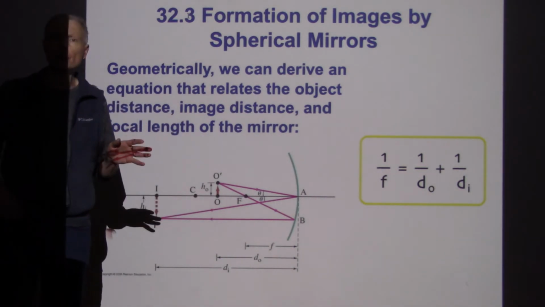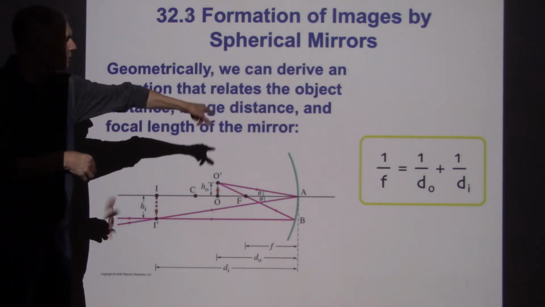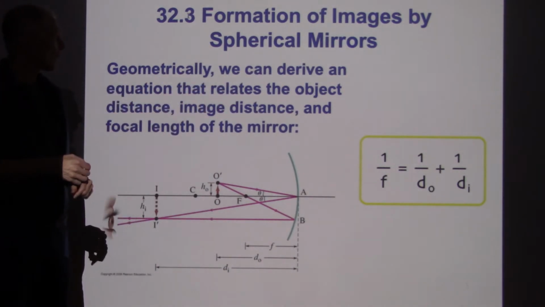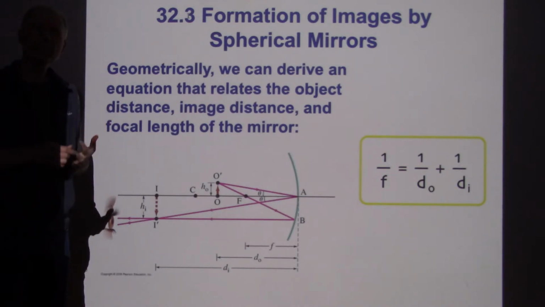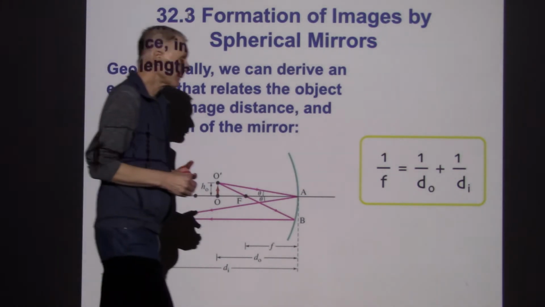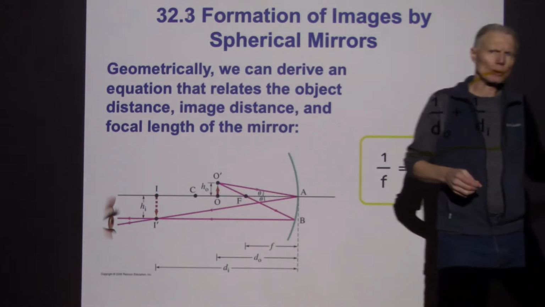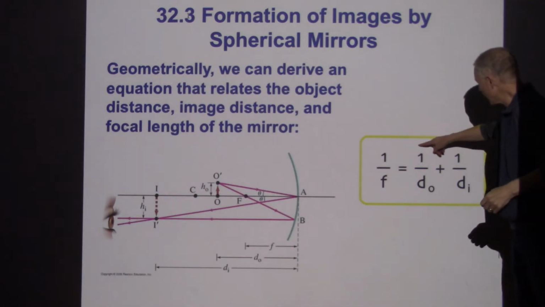What it turns out we can do is derive the formula that we've got circled in the yellow box over here that relates focal length, object, and image distances. And it's not too difficult, so it's not such a terrifying formula.